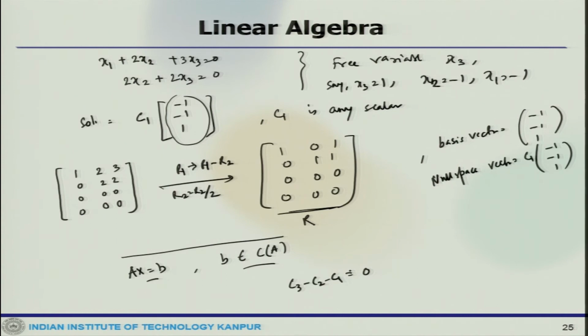So, which means there is a constraint that b3 minus b2 minus b1 would be 0.